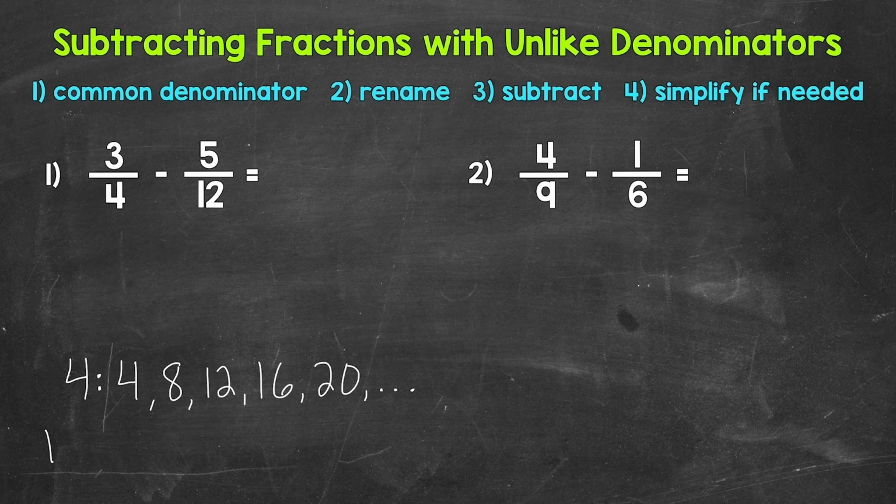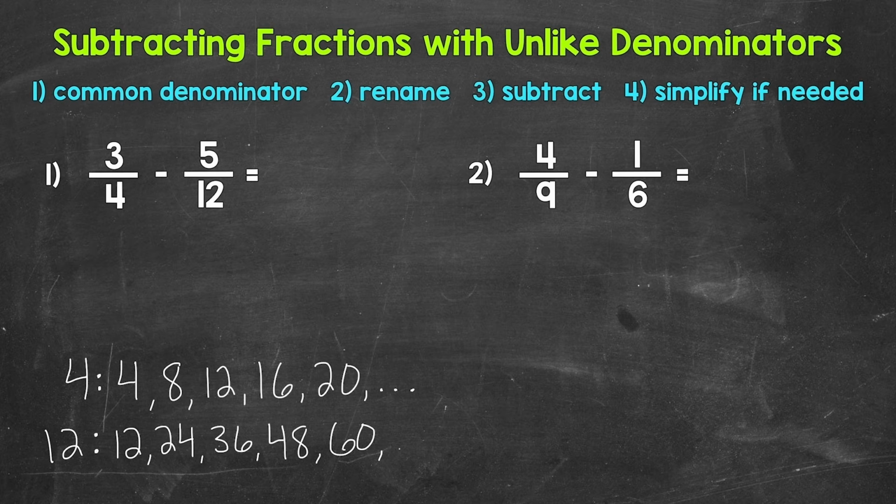The first 5 multiples of 12 are 12, 24, 36, 48, 60, and these continue on. So do we have any common multiples here? Any multiples that 4 and 12 share?